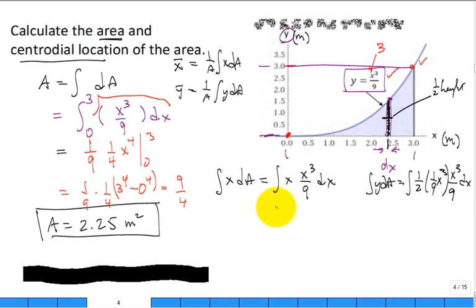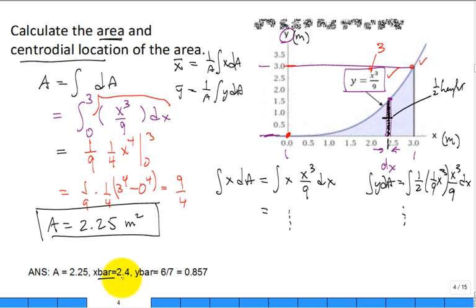So we compute this integral. It's very similar to the area integral. We take the ratios, and we're able to calculate our x bar to be 2.5 or 2.4, and our y bar is 6/7 or about 0.86, somewhere in there.